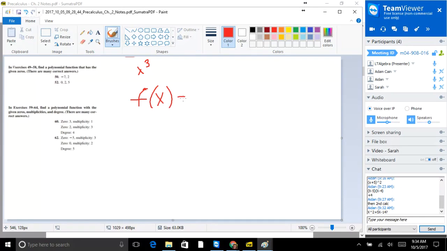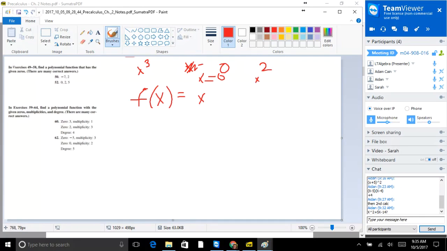One possible solution is that we have our first zero at 0, and in order to get a zero at 0, we just have our single x. So we need the result x equals 0. We have another zero at 2.